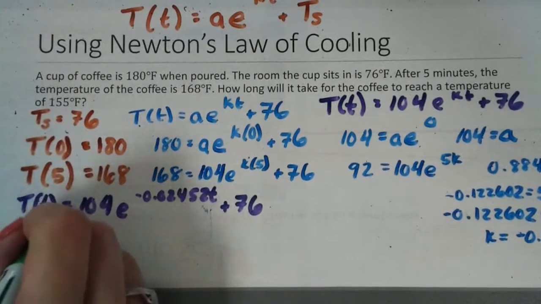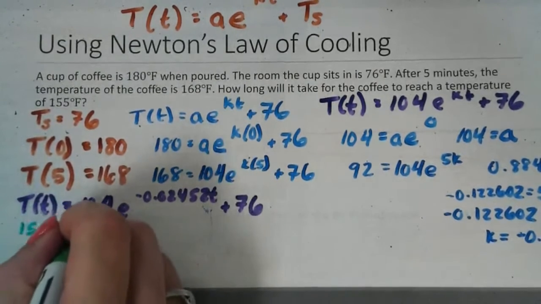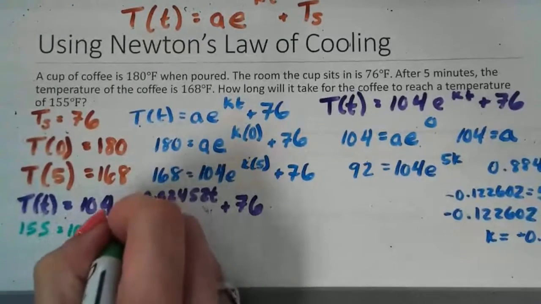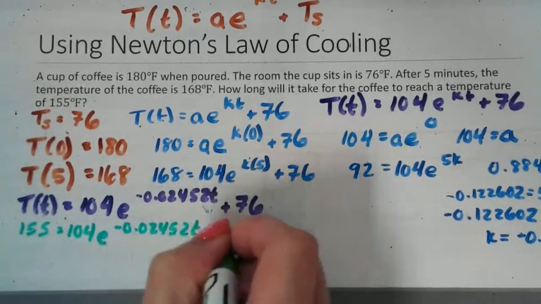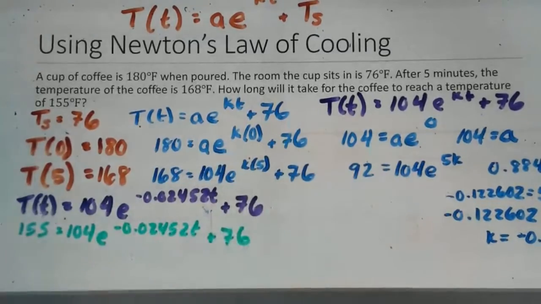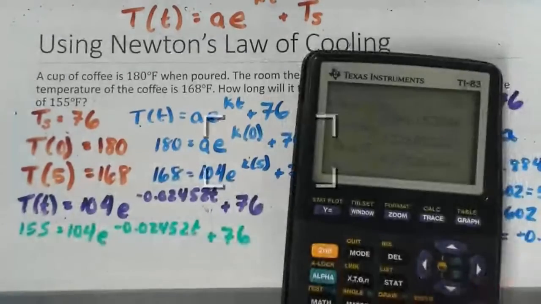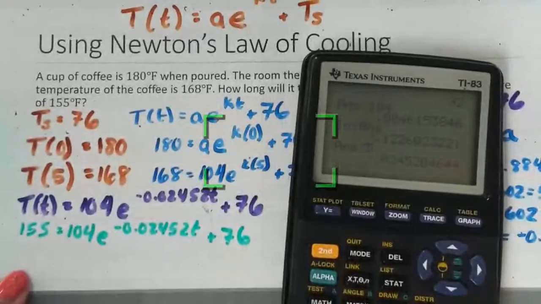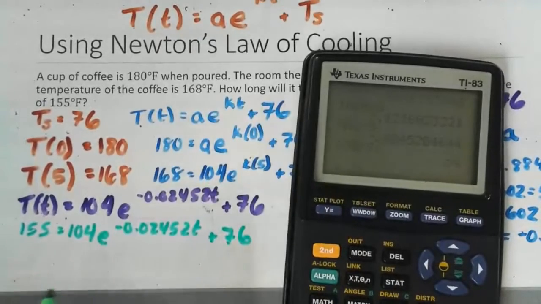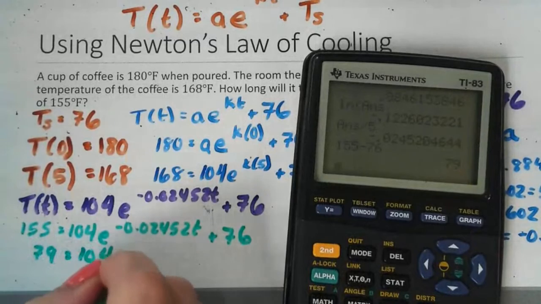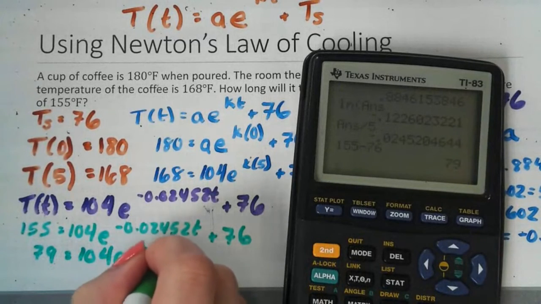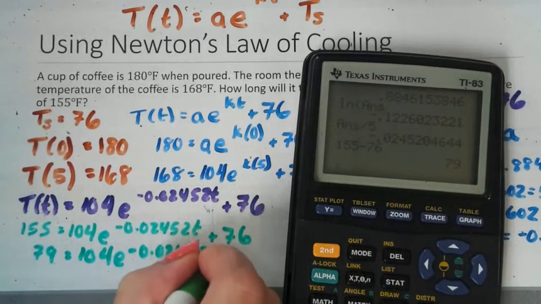So it'll be 155 is equal to 104 e to the negative 0.02452 t plus 76. I can subtract the 76 over. So that 79 is equal to 104 e to the negative 0.02452 t.